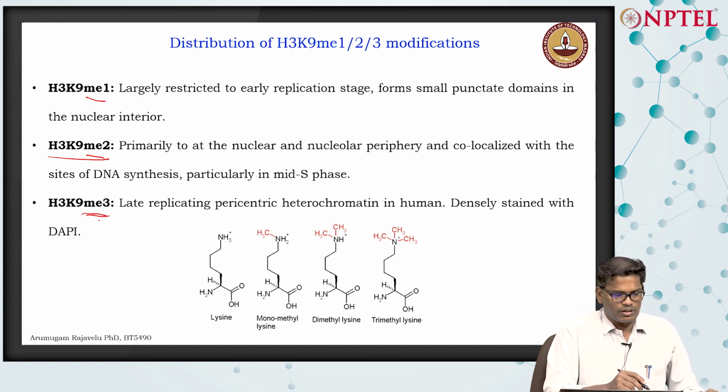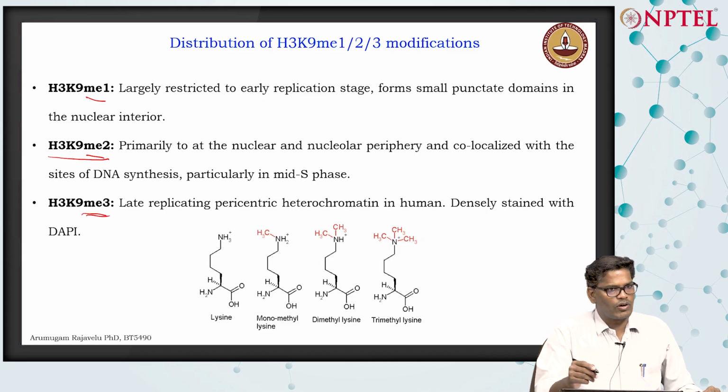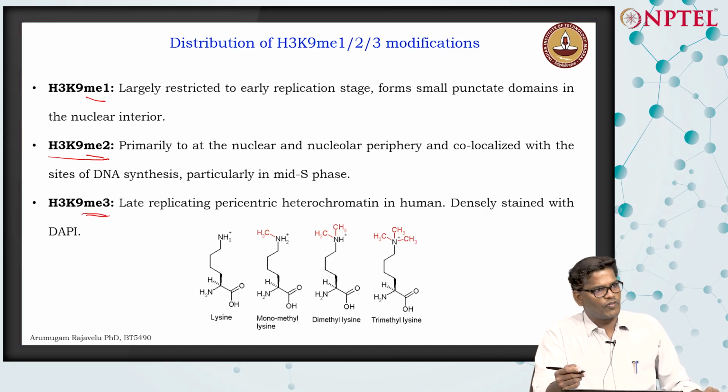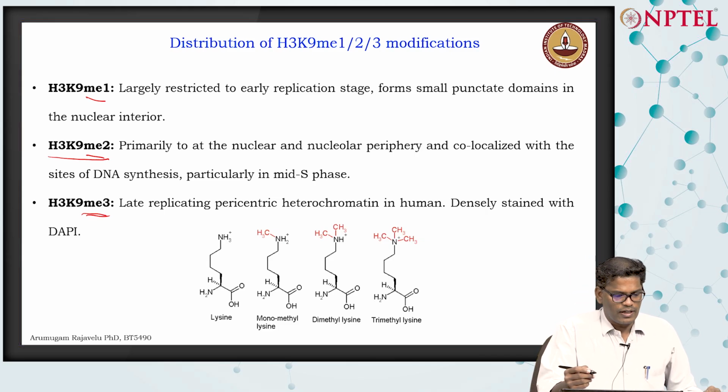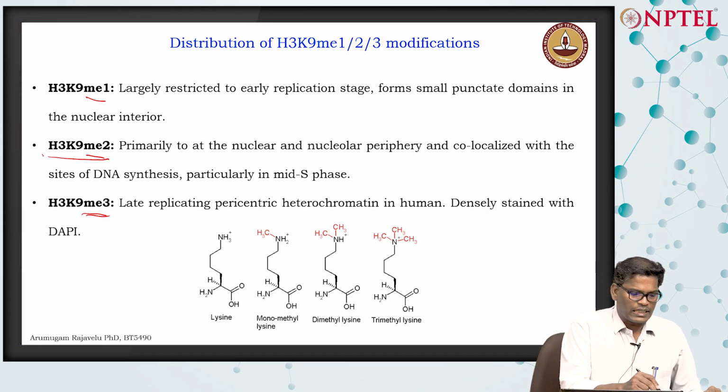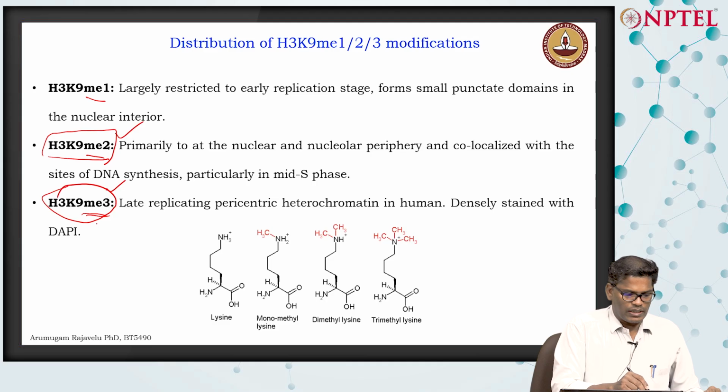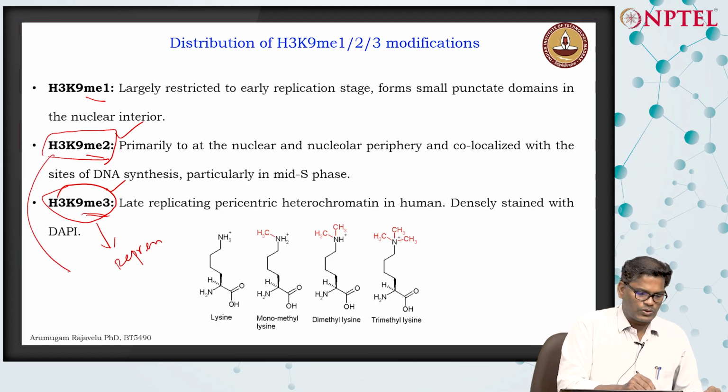Each mark's localization differs significantly, but in terms of gene activity or regulating gene functions, Me2 is characterized well and Me3 is also characterized very well. So by default you should consider Me3 a repressive mark, and this is also a repressive mark.